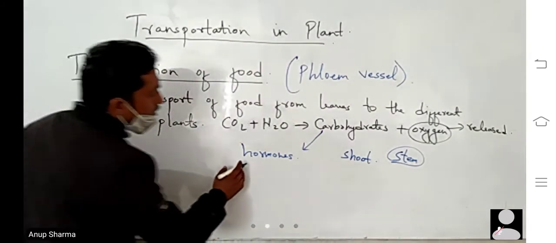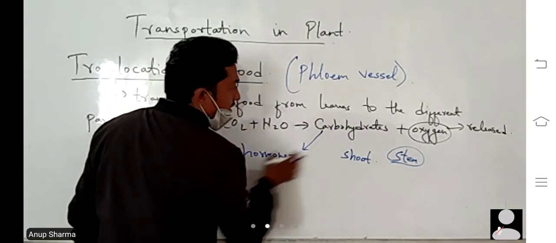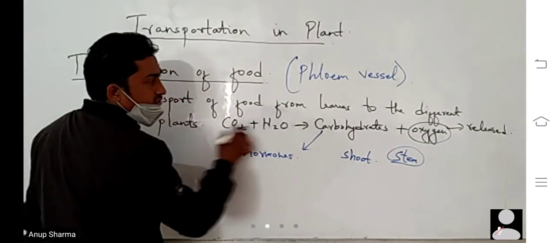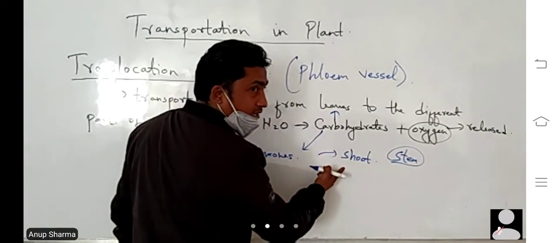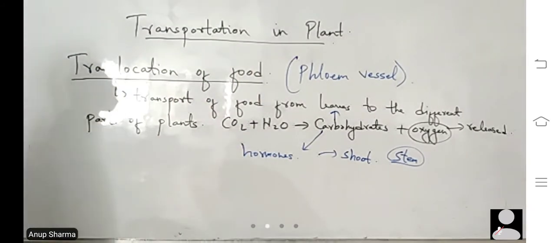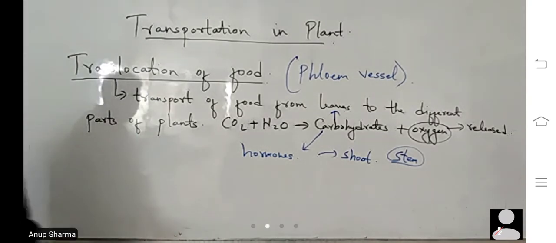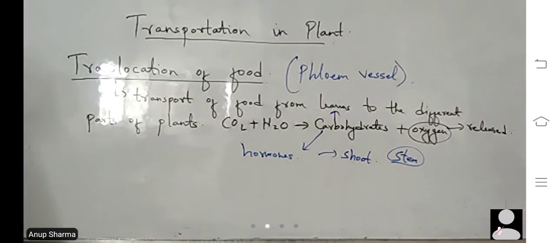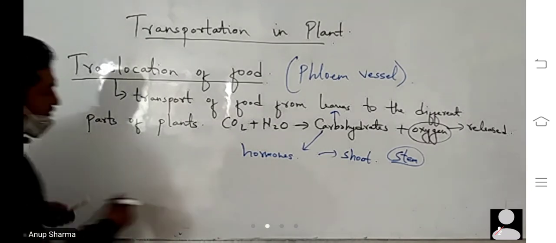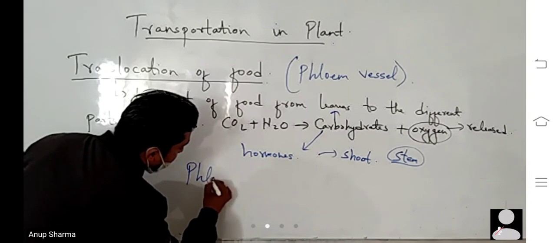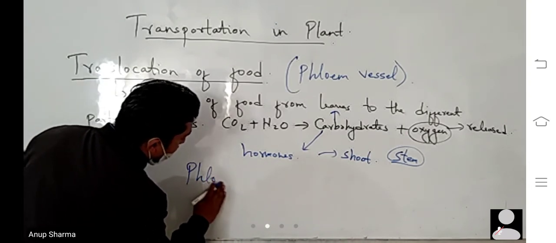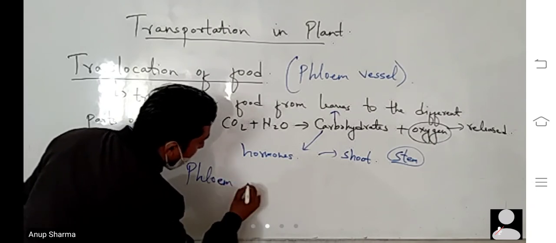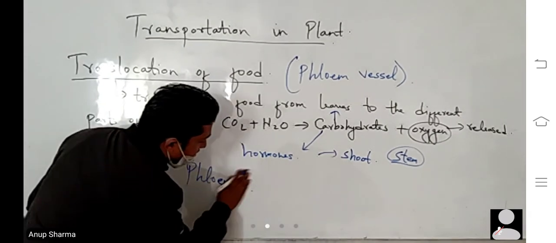So carbohydrates synthesized in leaves and hormones synthesized from the shoot part, that means the stem part, and the root tips are transported to other parts through what? Not xylem. Through phloem vessels.